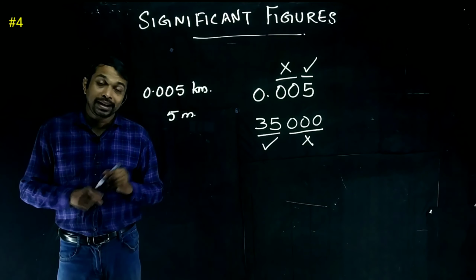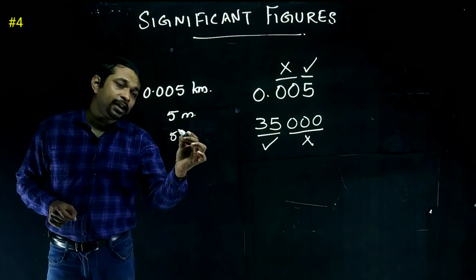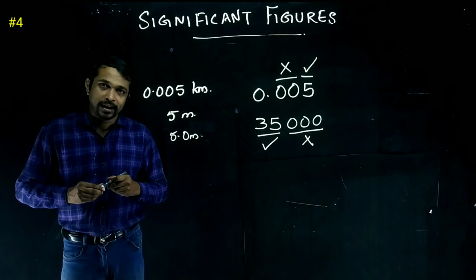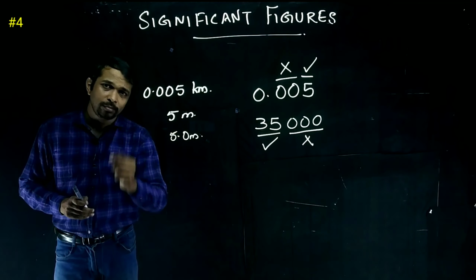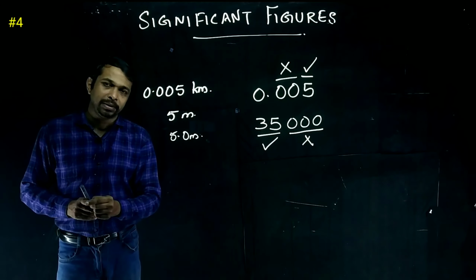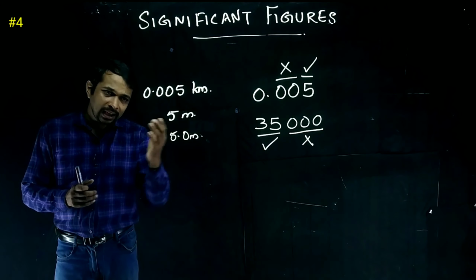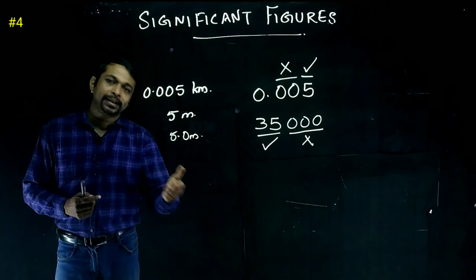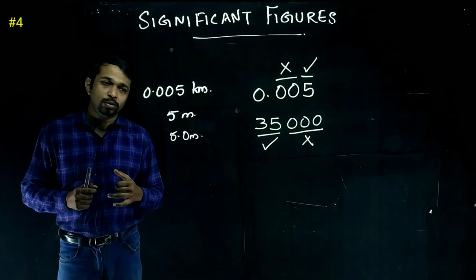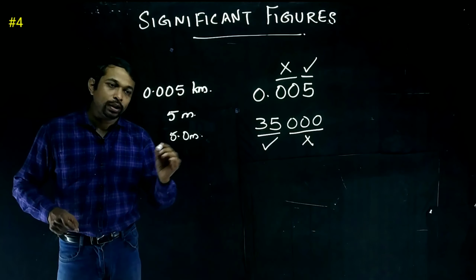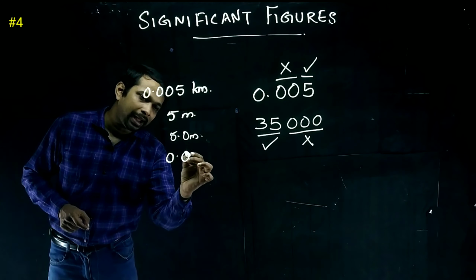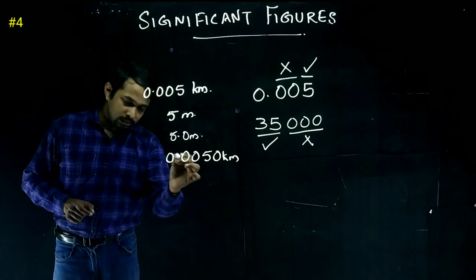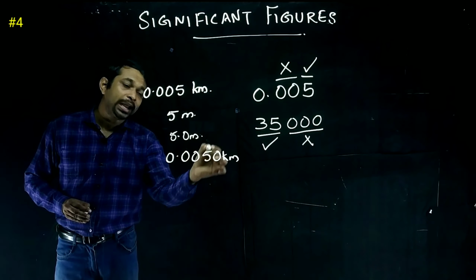They are not giving you the precision. But instead, if we had written it 5.0 meters, then the case is different. Okay, 5.0 meters means that the precision is coming, which means they are saying that yes, I have measured a value up to 1/10th of a meter and I have found that that point is 0. In this case, this will come as 0.0050 kilometers.